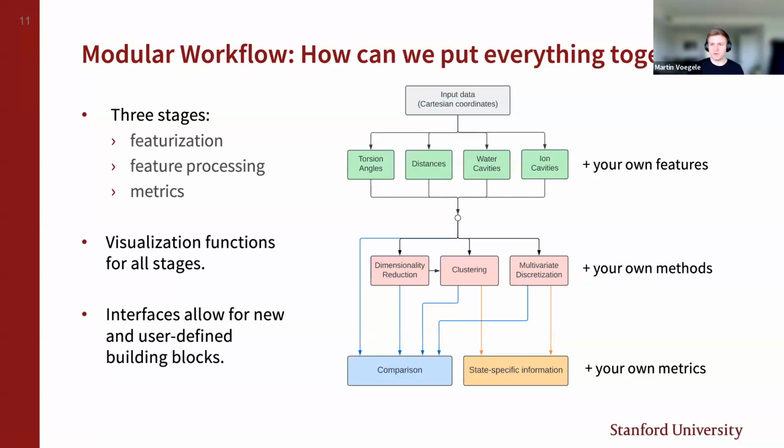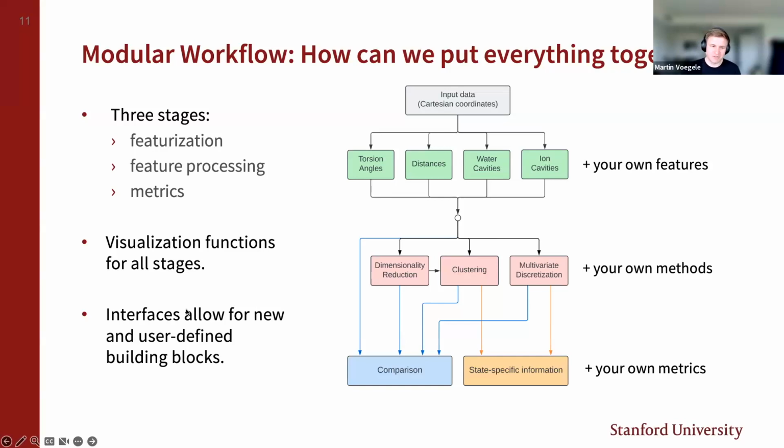So if you work with a protein you've never seen before, that is usually what I would do. We also have an example workflow where you also add the water cavities and then discretize all the microstates and then calculate the state-specific information. I will show some examples later where we apply them, but we provide those workflows. Basically, we have a standard workflow, but we also keep it optional for everyone to write your own methods.